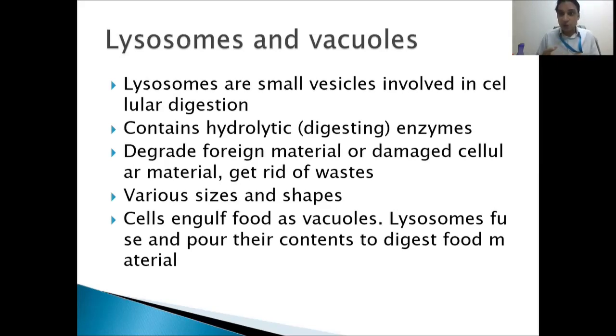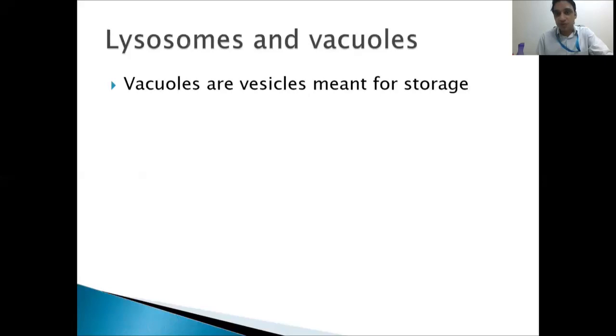It's like eating of the cells. Cells can eat a food material, and then lysosomes help the cells break down that food material into simpler ones and absorb them. Whatever material is left over is expelled from the cell. This is what we call digestion.